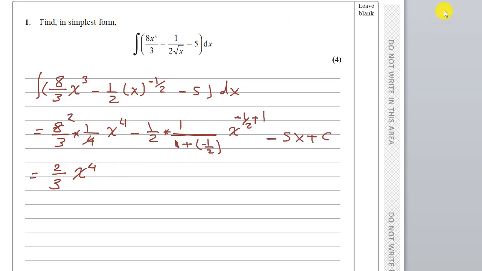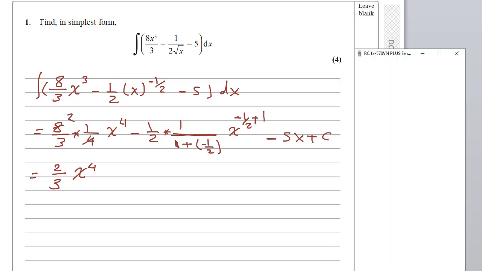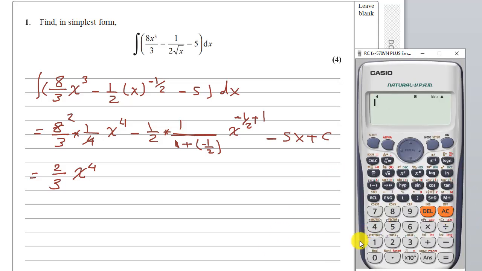Now let us find this value: 1 divided by 1 minus half. It's equal to 2 multiplied by half, which is equal to minus 1.